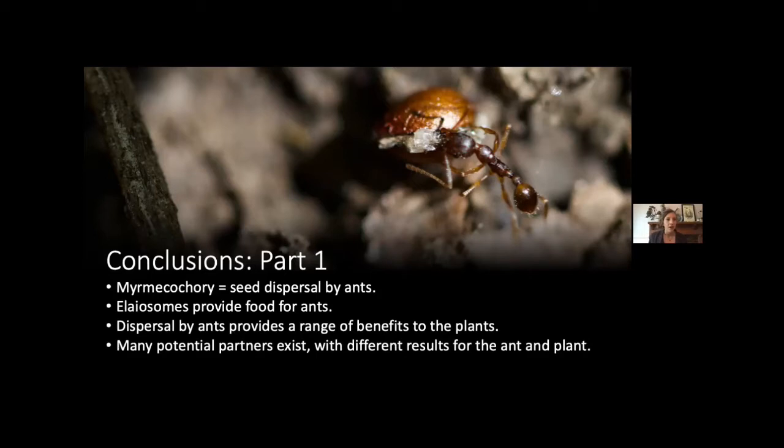And what actually happens to the seeds, determined by what the ants are doing, also depends on the ant species, the particular nests they have at that time of year, and a whole range of other things. So the big takeaway from this is that there are a lot of partners that could participate in Myrmecochory, but who your partner is going to affect your outcomes.